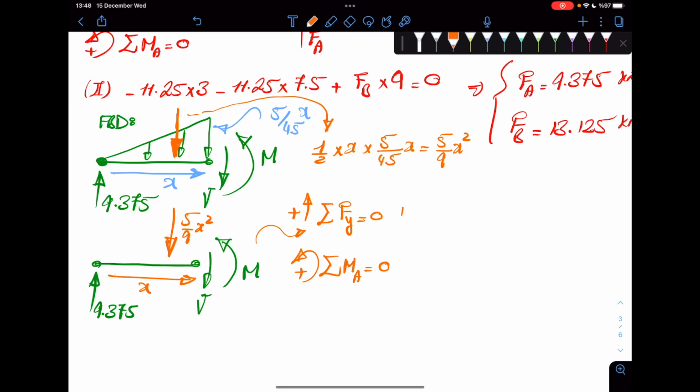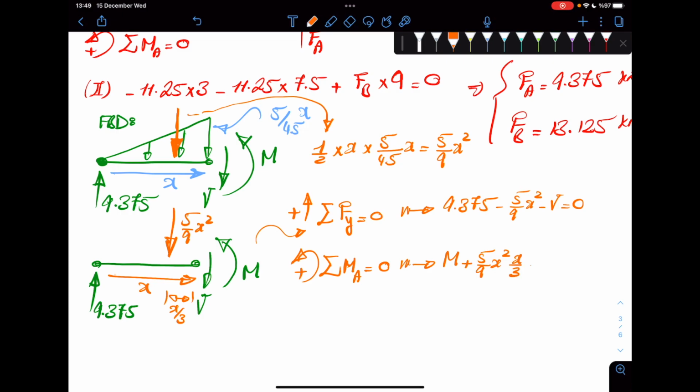If you do that, you get 9.375, it's upwards, minus 5/9 x squared minus V is 0. And then for M, you would get M plus 5/9 x squared times this distance, which is x/3.